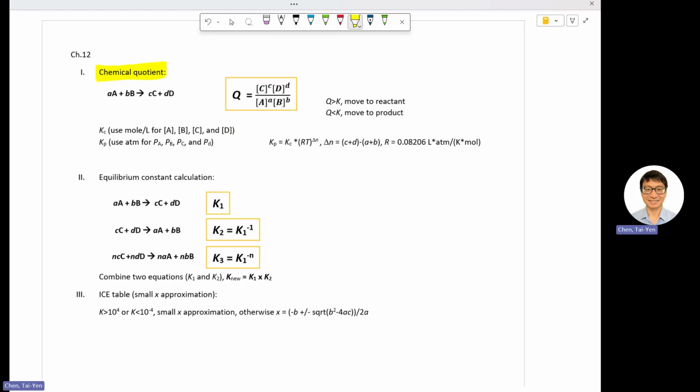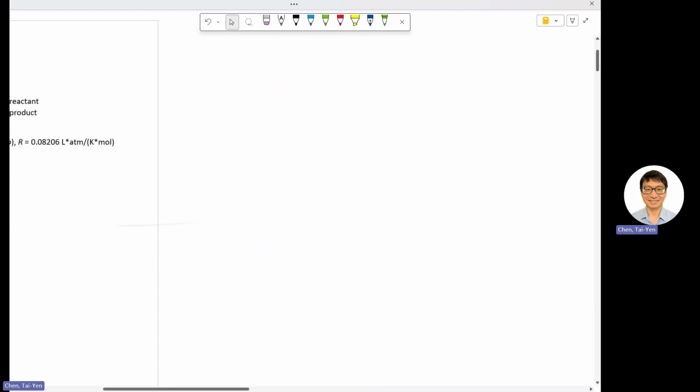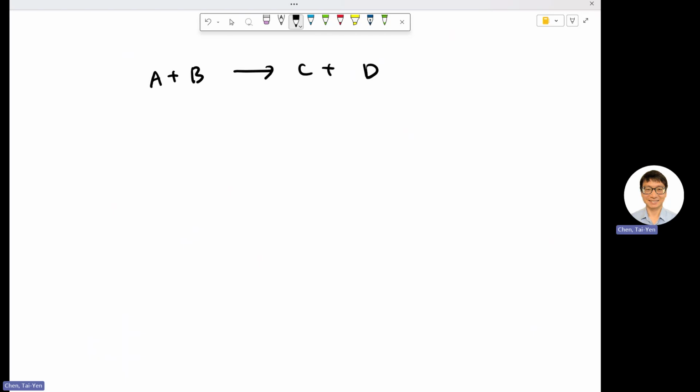Now I want to start to think about things at the molecular level, because once you see that, things will start to make sense. Again, we want to do this most famous chemical reaction, A plus B gives you C plus D, right? Every time we talk about equilibrium, we need to think from the research lab setup.